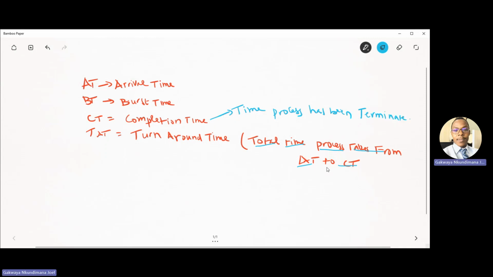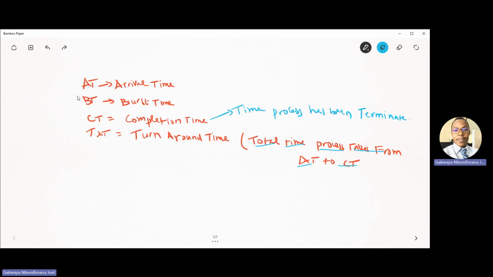That's called completion time. Burst time, you know it, is the time given for a process to complete. Arrival time is the time a process arrives at the ready queue.